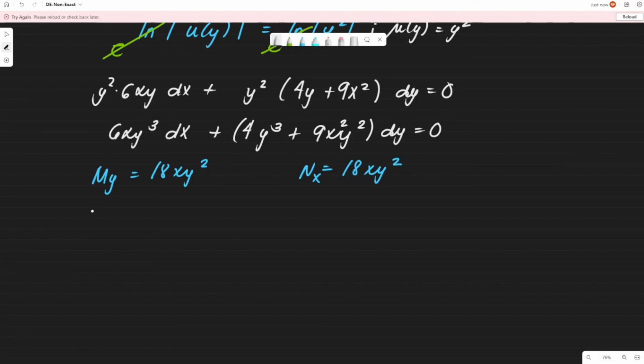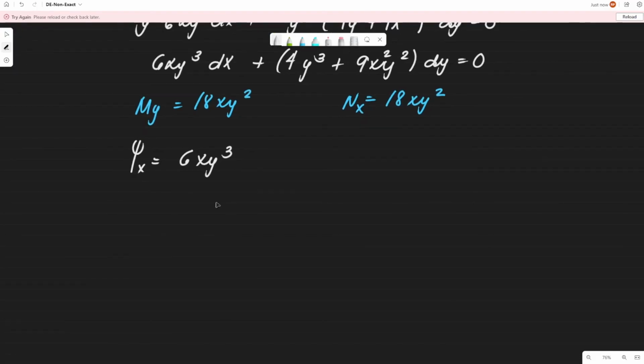So we'll have psi x is equal to 6xy cube, sorry, not y squared. Y cube. So getting the antiderivative in respect to x, we'll have psi is equal to 6y cube, di ba?